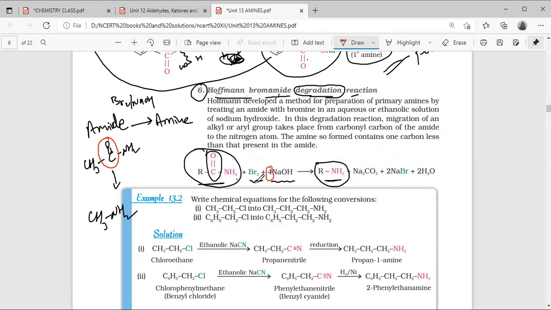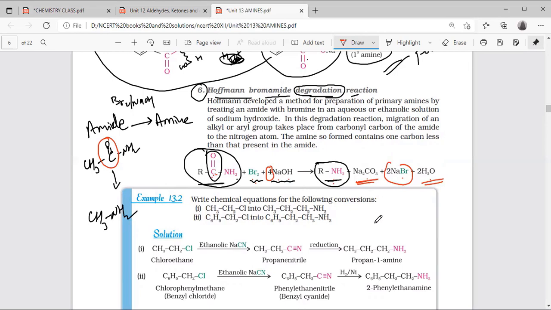Bromine is there, so 2 bromines and 4 sodium means 2 moles of NaBr form. Then 2 moles of Na remain, and with this carbon, Na2CO3 is forming. The byproduct is water, and amide goes to amine. The byproducts are sodium carbonate, sodium bromide, and water. Yes, sir.